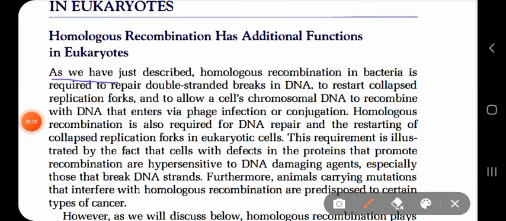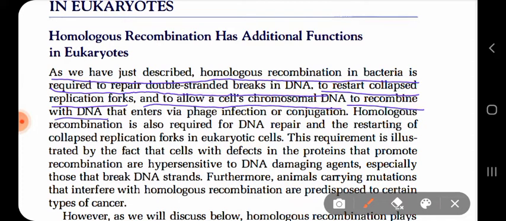Homologous recombination in bacteria is required to repair double stranded breaks in the DNA, to restart collapsed replication forks, and to allow the cell's chromosomal DNA to recombine with DNA that enters via phage infection or conjugation.